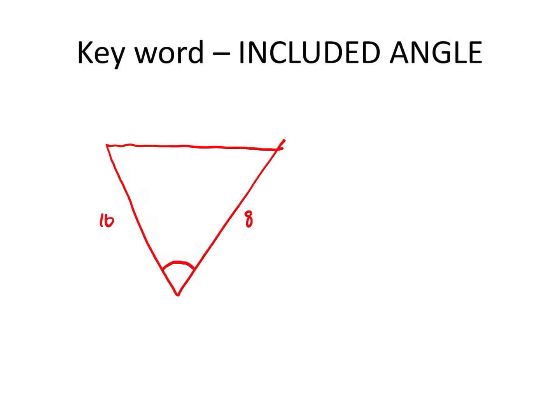So let's have a look at this in practice. A key word is an included angle. Included angle. You're going to hear me say that a few times. What I mean by that is, let's say I know this is 10, this is 8, and I know this angle here. Let's say it's 30 degrees.